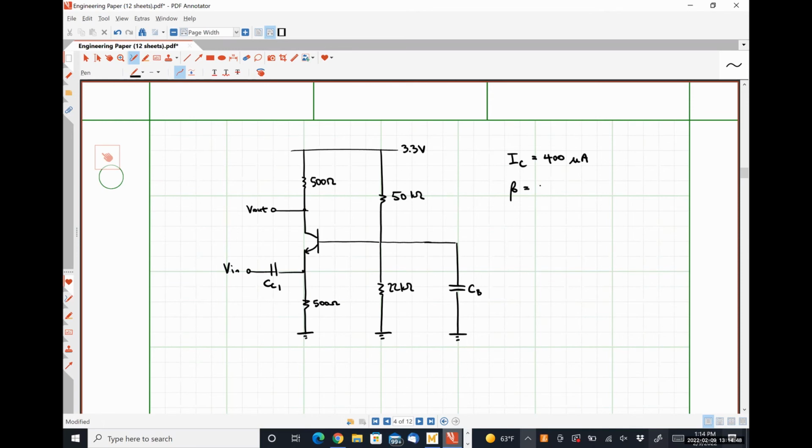Beta is 100, and our Early voltage is infinity. What kind of circuit is this? Just without too much detail, which of our three different types of amplifier does it have to be?